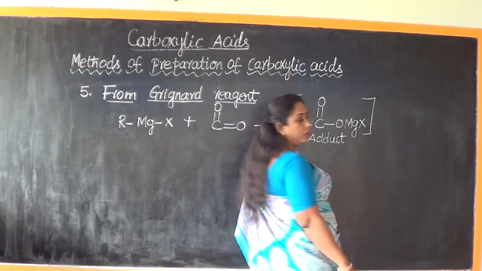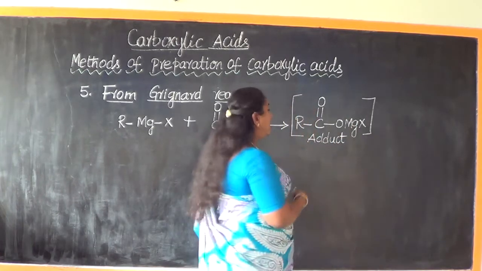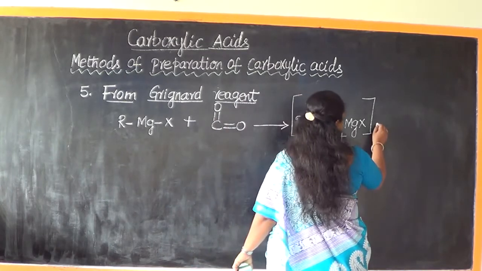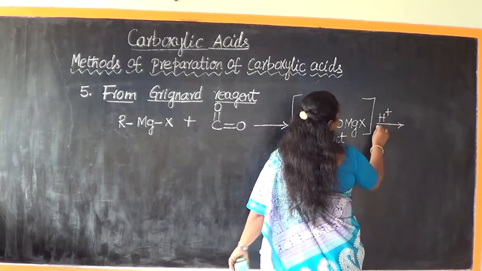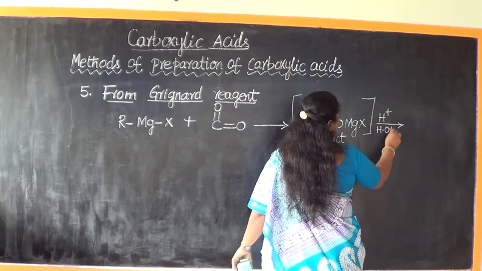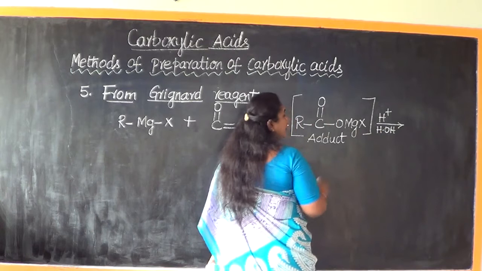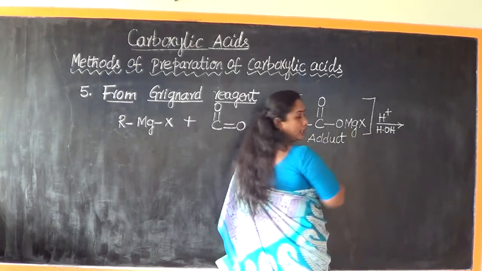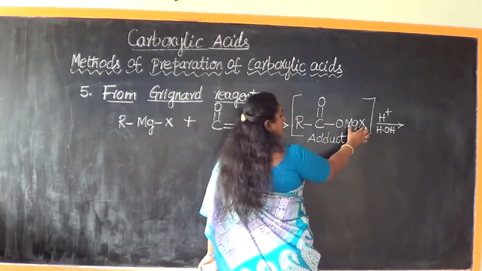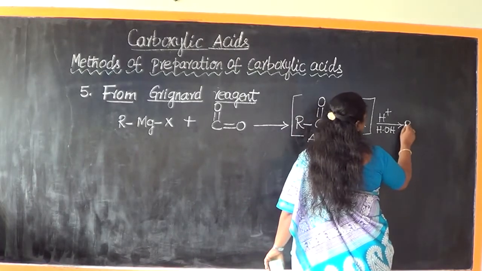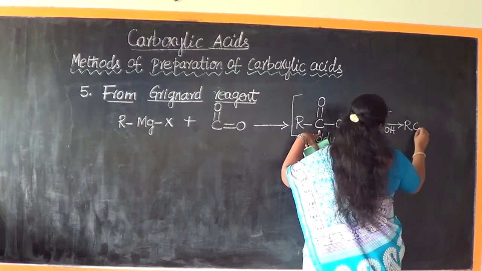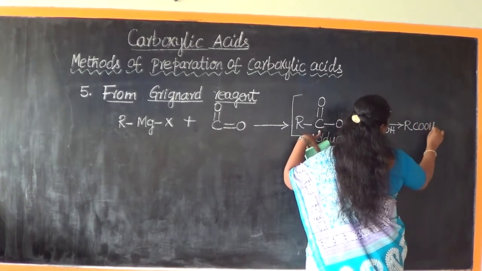Now how to obtain carboxylic acid from this? From here it is a very simple process. It has to be subjected to the process of acid hydrolysis. So HOH. Now what happens is that the H will take attachment with oxygen and this MgX will take attachment with OH. So we are going to obtain RCOOH.